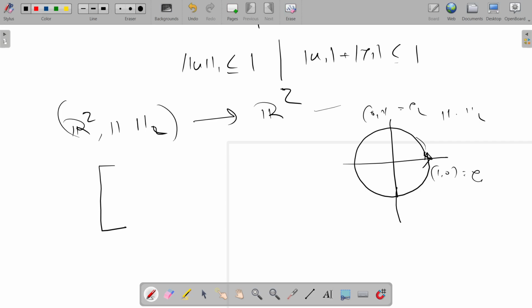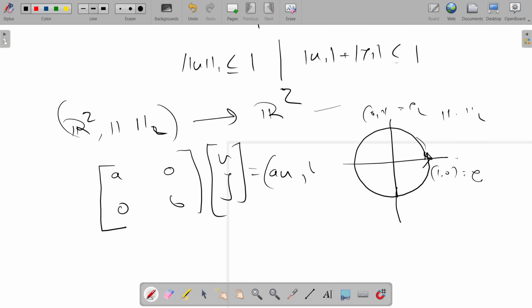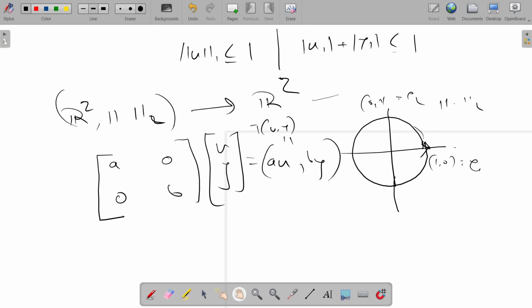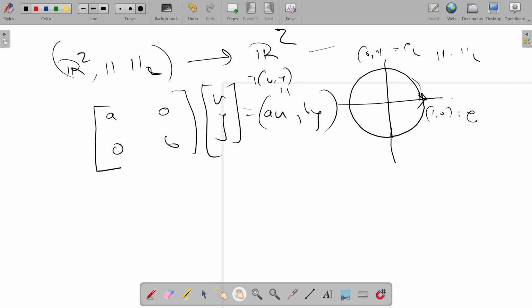If we stretch it a times and stretch it b times, we will get an ellipse, right? Basically, we are sending E1 to (a, 0) and E2 to (0, b). So this is our linear transformation. So (x, y) will give us (ax, by). Okay, so this is our T, right? T of (x, y) is this. All right. Now, yeah.